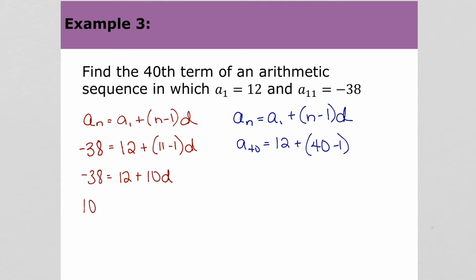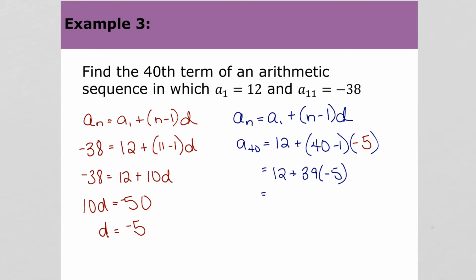I'm going to bring the 10d over here and subtract 12 from negative 38. That gives us negative 50. So d is negative 5. So that's what we're going to plug in right here. And now we can find the 40th term. And that is negative 183.